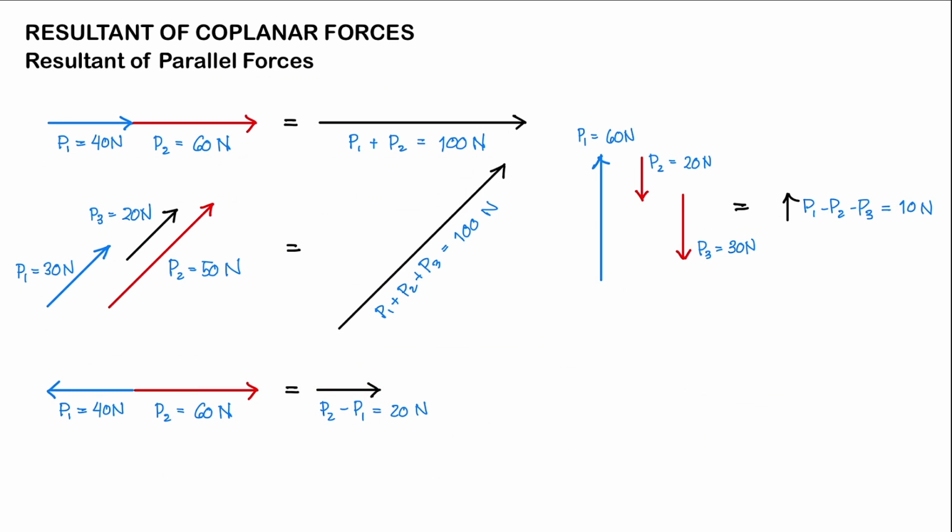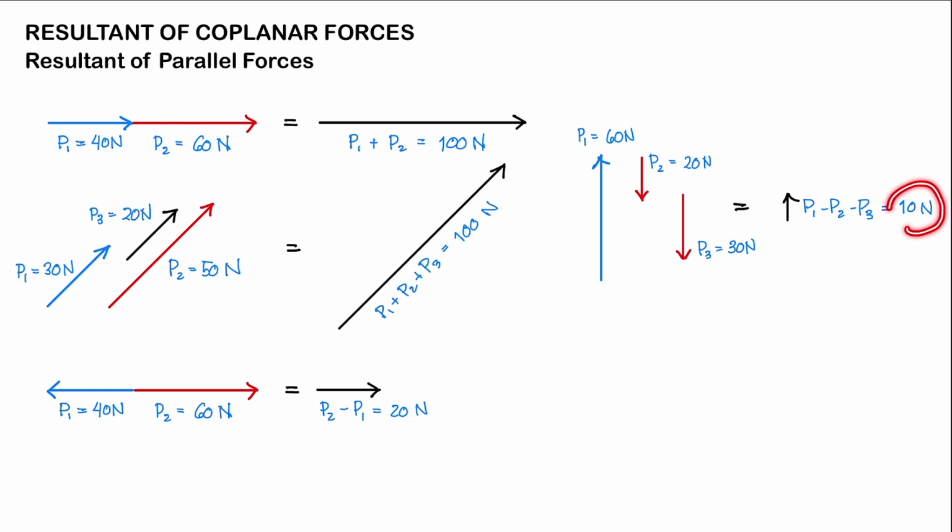Right? Another example, we have three forces right here acting upwards or downwards. We have P1 that is equal to 60 newtons acting upwards. We have P2 that is equal to 20 newtons acting downwards. And then we have P3 that is 30 newtons acting downwards. Again, we're just going to subtract P2 and P3 from our P1.